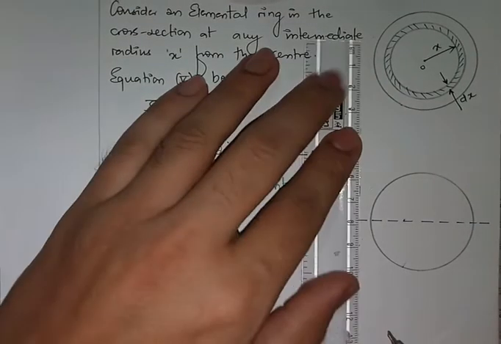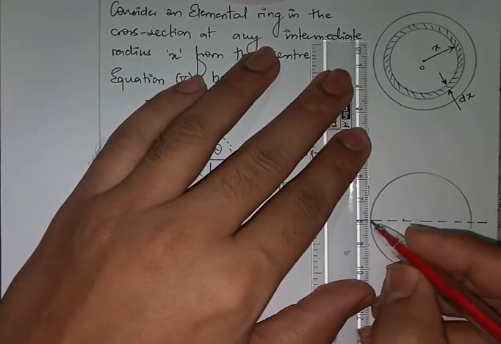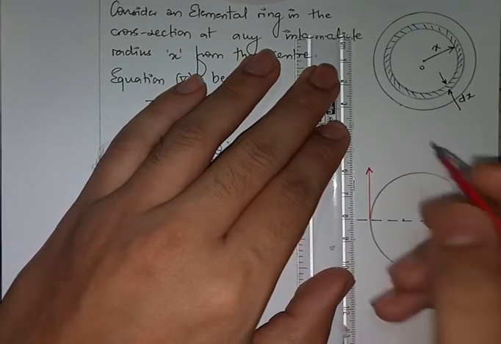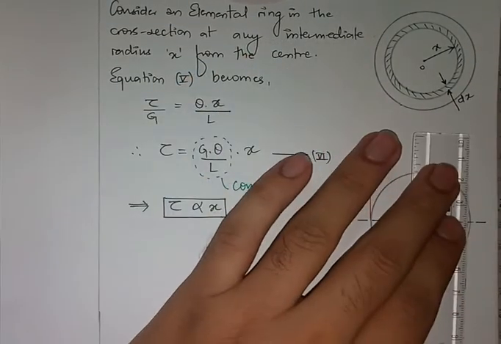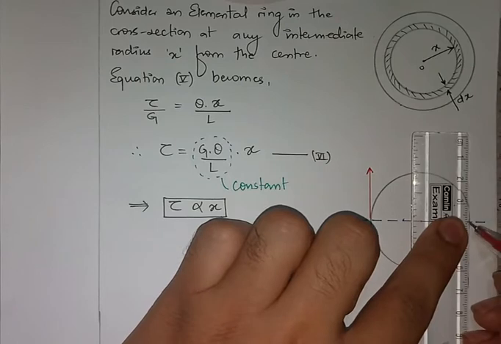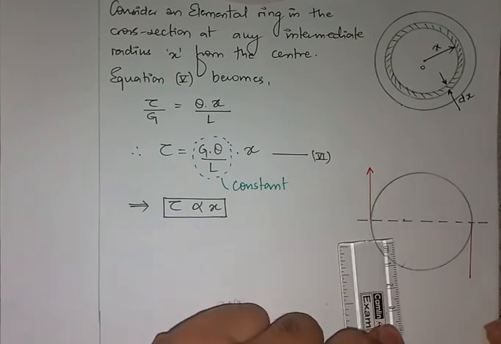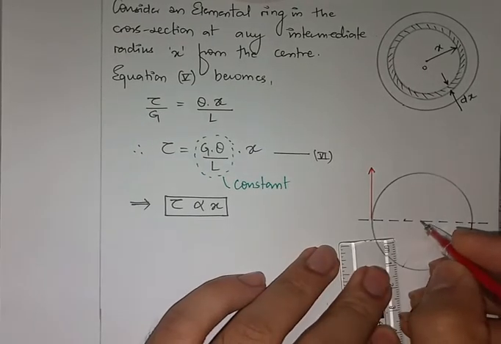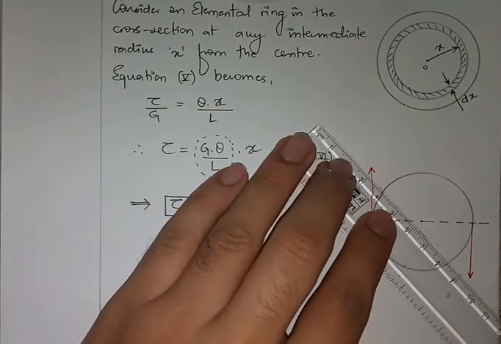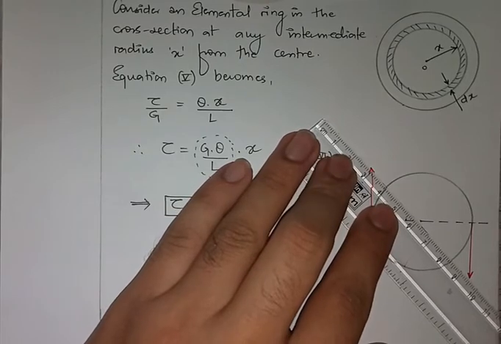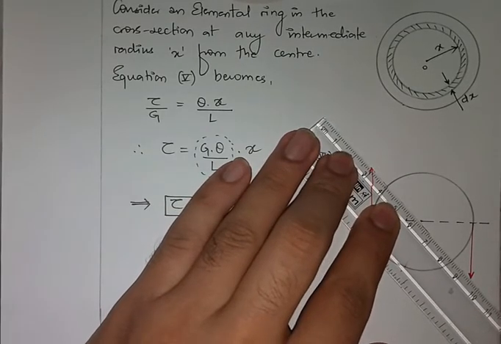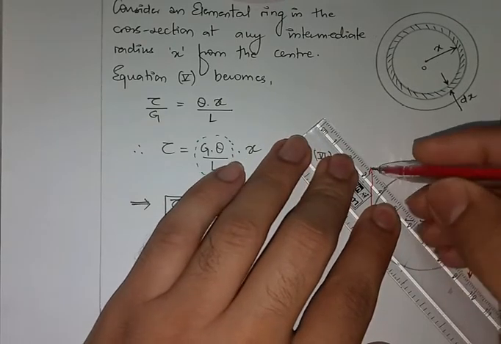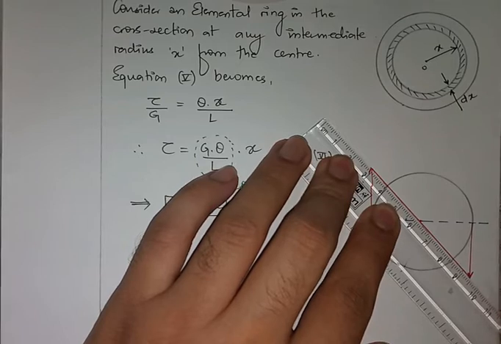Shear stress will be maximum at the outer edge, acting upwards on one side and downwards on the other. This is the center, and you can just connect these two; it varies linearly with respect to the radius.